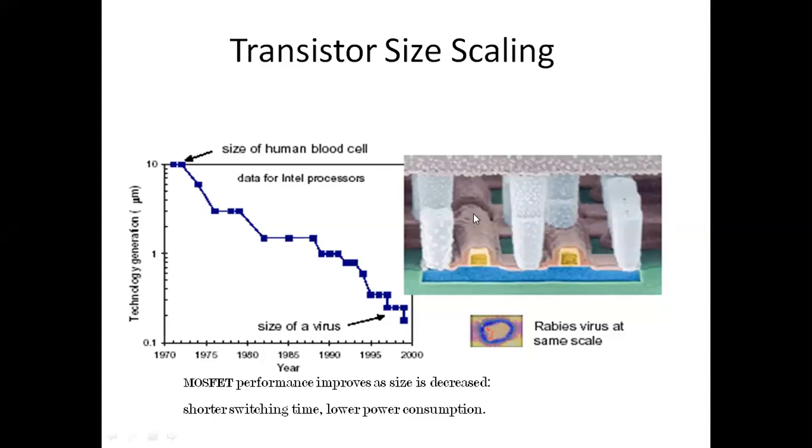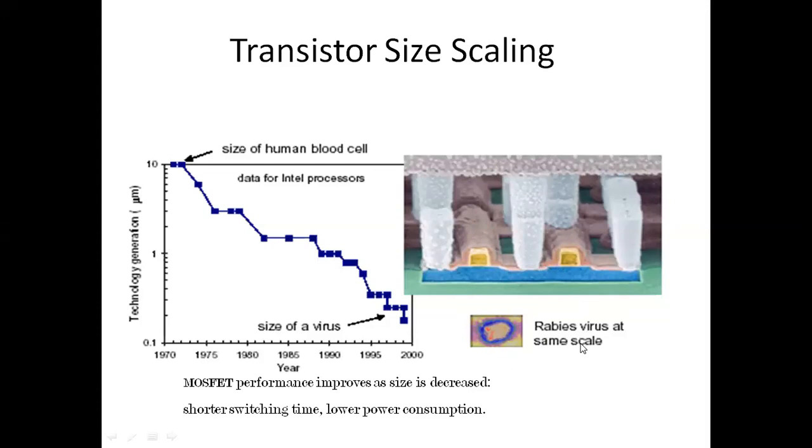When we do that, what happens is we get smaller components, and because we get smaller components, we can build a bigger circuit in a given chip size. So that is what is shown here. When we compare the MOSFET with a virus, this is how it looks.